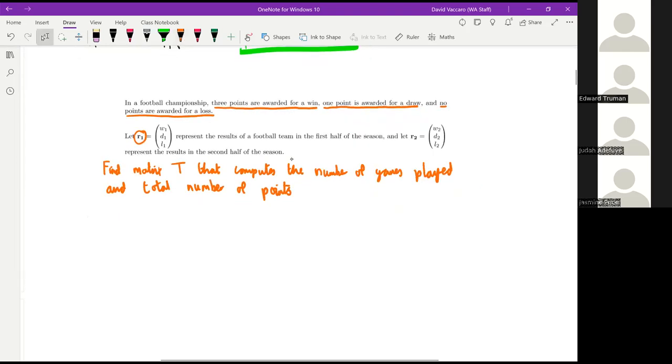Okay, so let's do it in the first half of the season. So W1, D1, L1, and we're going to map to played and points. So in the chat, or if you're watching this on catch up, pause the video and think, what is the matrix of this transformation?